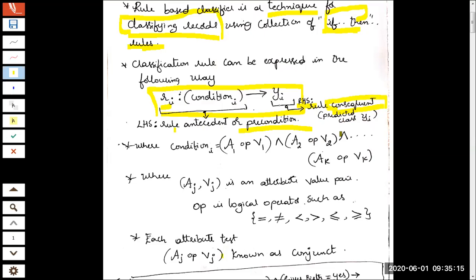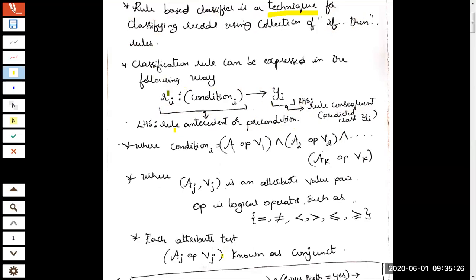So this was a general form of a rule based classifier. The summary here is that this general form has three components. The first one is the rule number: rule 1, rule 2, rule 3. The second component is the condition.